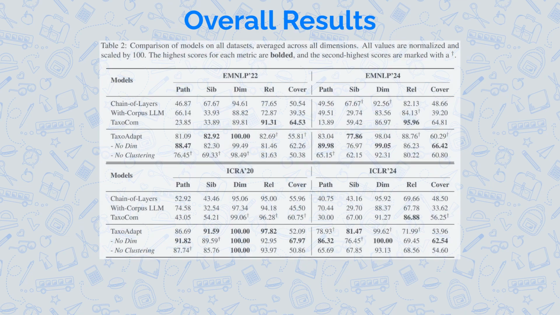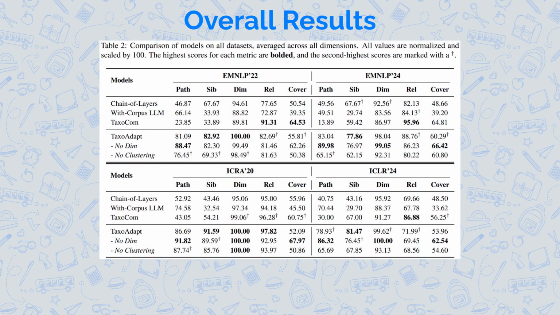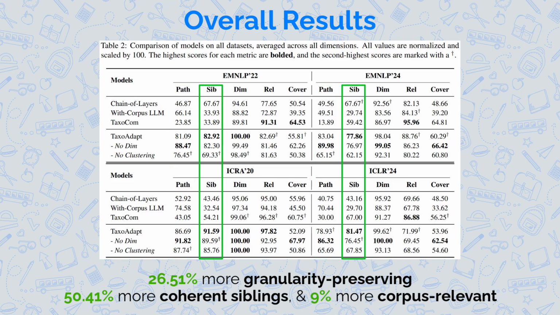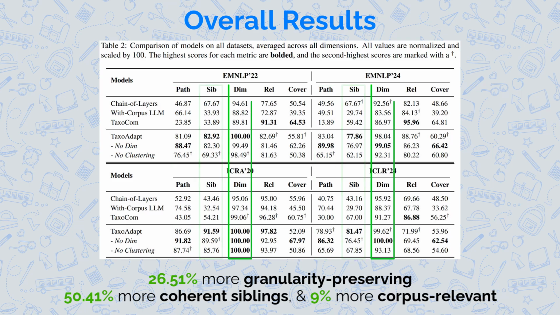Against corpus-only, LLM-only, and hybrid baselines, TaxoAdapt's taxonomies are 26.51% more granularity preserving, 50.41% more sibling coherent, and around 5% more dimension aligned and corpus relevant overall.